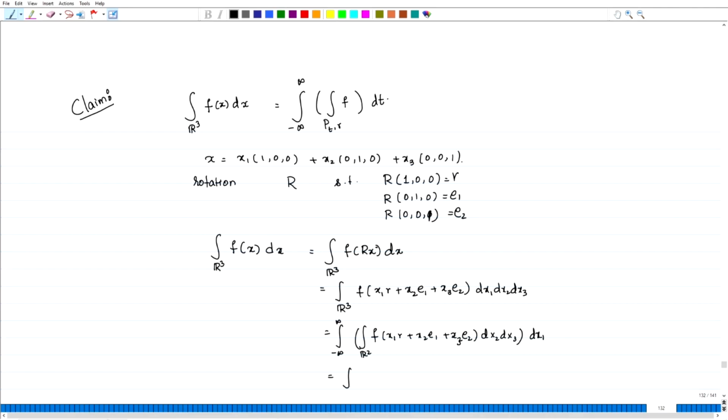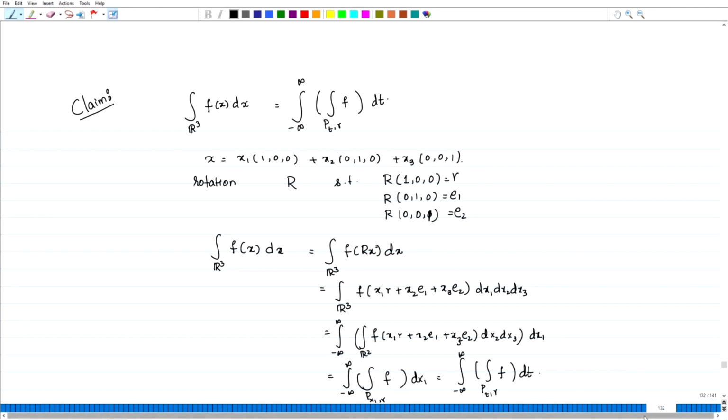This is nothing but the integral from minus infinity to infinity of what we have defined, the plane integral P_{x1} gamma of f, dx1. To be consistent with our notation, this is P_{t gamma} f dt. So, this is going to be a very useful observation for us.